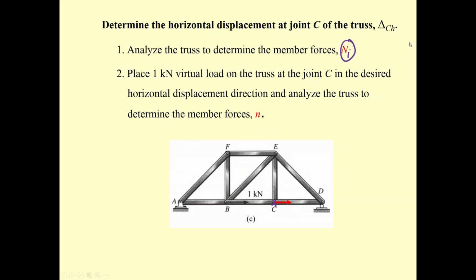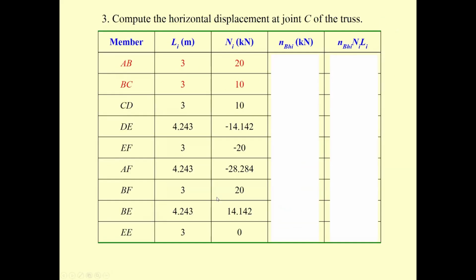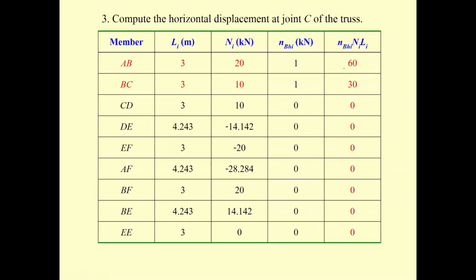And then following this calculation, you will get this one to be 1.0, to be 1.0, to be 0, and everything else gets 0. The computation is going to be 60, the same as before, plus the additional member BC.